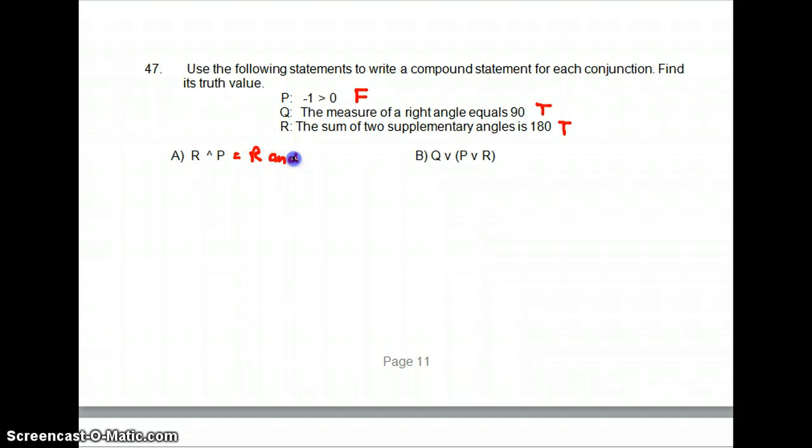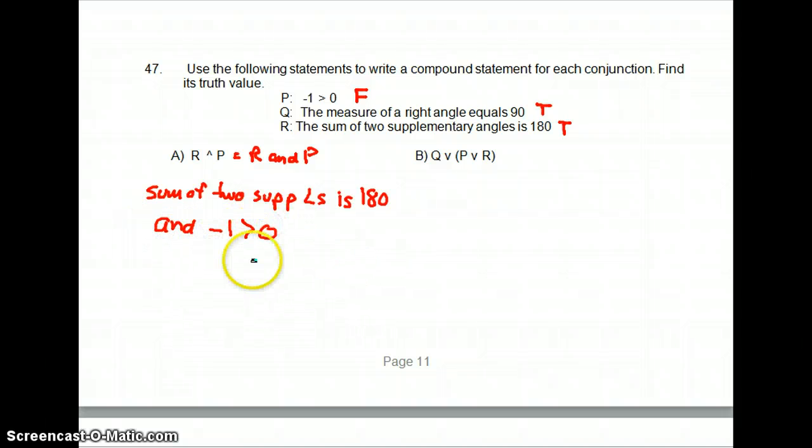So the first one says R and P both have to be true. So R is the sum of two supplementary angles is 180 and negative 1 is greater than 0. Since they're not both true, because they both have to be true for and, the conjunction is false.